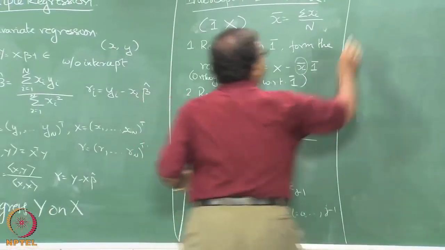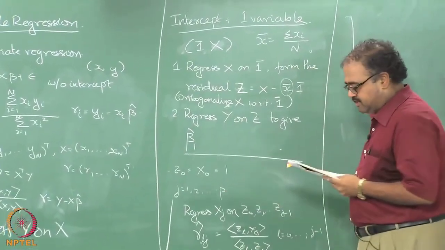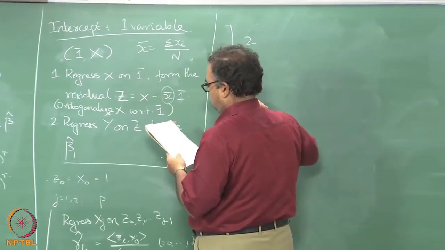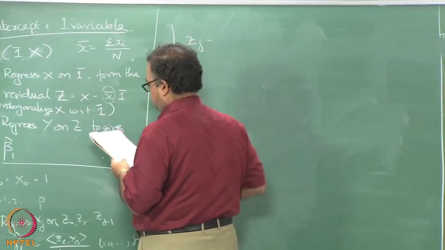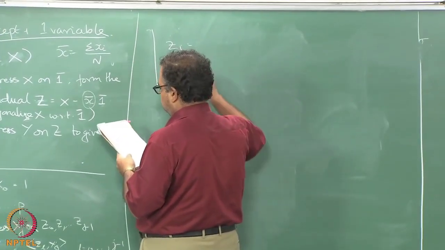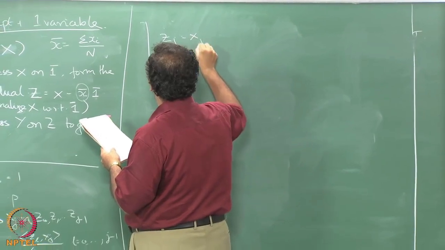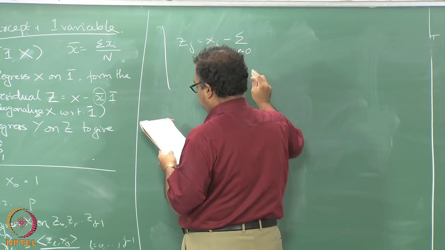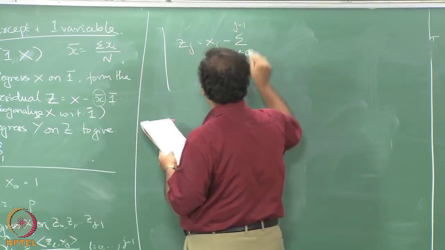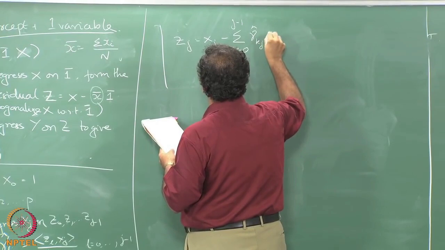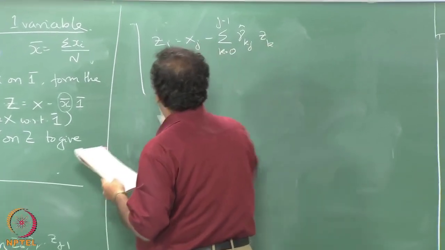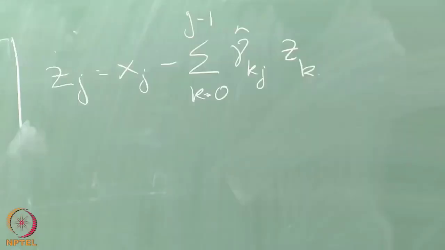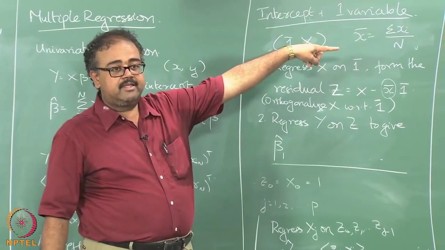So I am still continuing the loop here, the loop that runs for j equal 1 to p. For every j, that is how I derive my zj.